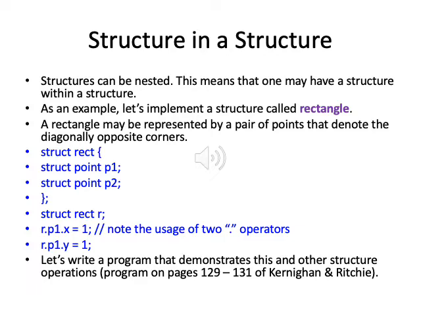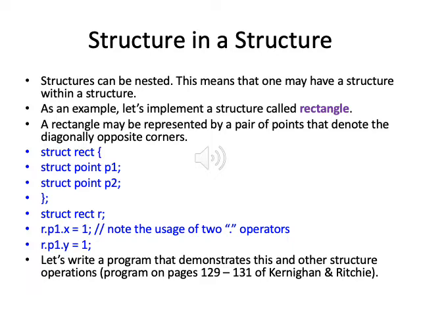So what does the definition look like? struct, the keyword, and then the name rectangle, and then the member variables are both the diagonally opposite corners, which are essentially the diagonally opposite points. So now point p1 and p2, and that point structure we've already defined earlier in the previous slide, right? So here we have an example of a nested structure.